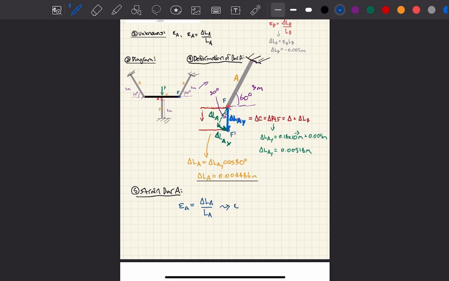You get the axial strain of bar A is equal to 0.004486 meters divided by 3 meters. I think that's correct, yep. And what you're going to end up getting as a final value is 0.001495 meters per meter.